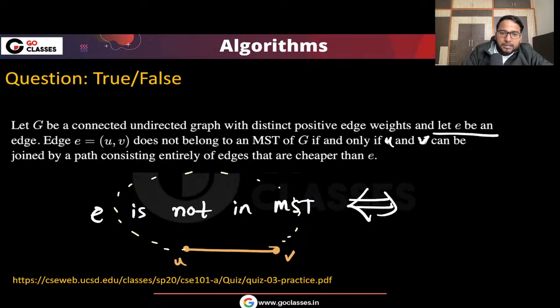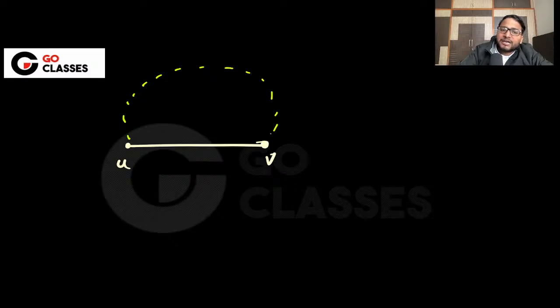So this is U, this is V. This edge is not in an MST if and only if there is some other path connecting U and V such that all the edges here are lesser than E. Which means whatever the edge weight here is, maybe 10, then all the edge weights in the path of U and V are lesser than 10. If that is the case, then this is not part of the MST.